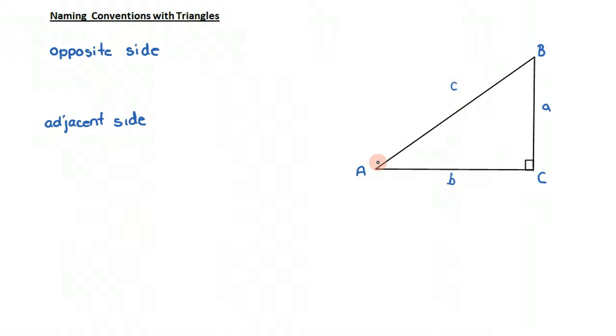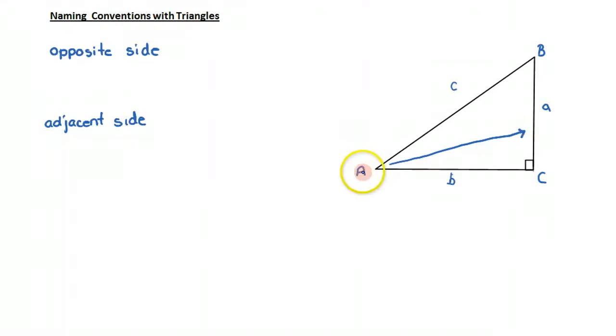We talked about at the start of this video how if I'm looking at angle A and I go directly opposite to it, this would be side length a. So the opposite side is the side that is directly across from an angle. And so the first thing to know about the opposite and adjacent side is that it's subjective to the angle you're talking about.